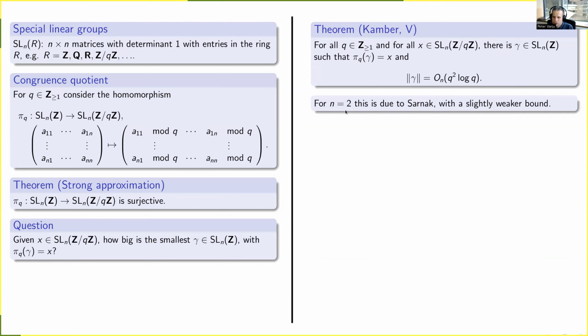Now for n equals 2, this is due to Sarnak with a slightly weaker bound, by which I mean that you have some power of the logarithm here, but this is not very important.